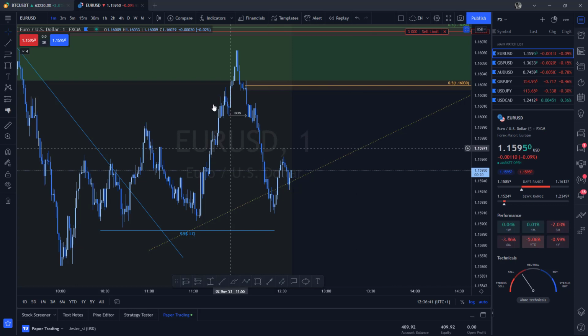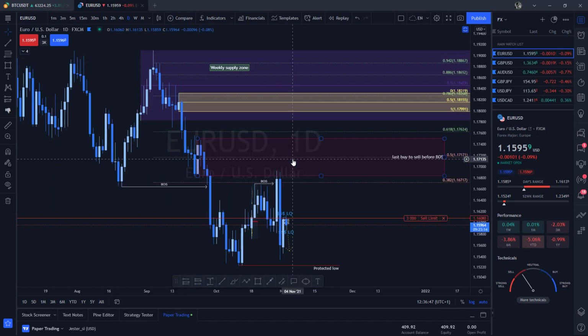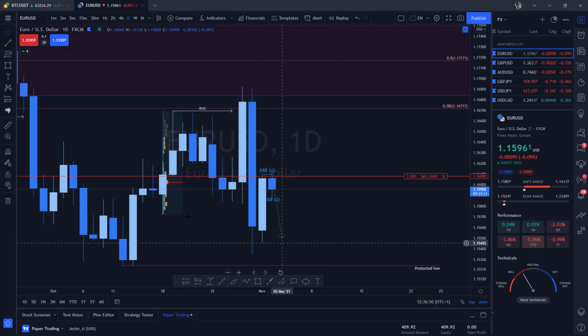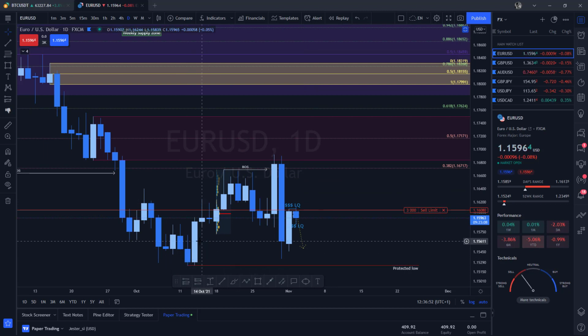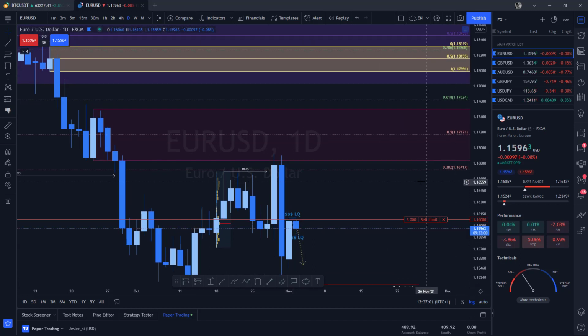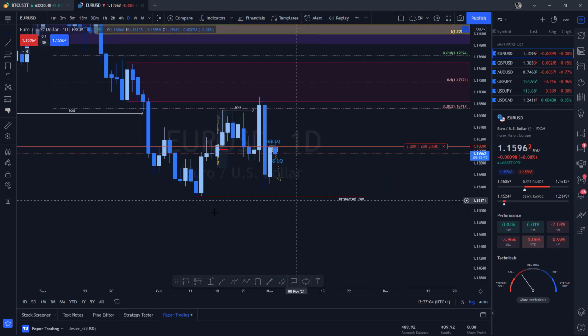That's about Euro USD, and if you go just on the daily, this is the protected low for now, and until a daily candle closes below this low, I'm still bullish on the medium time frame.